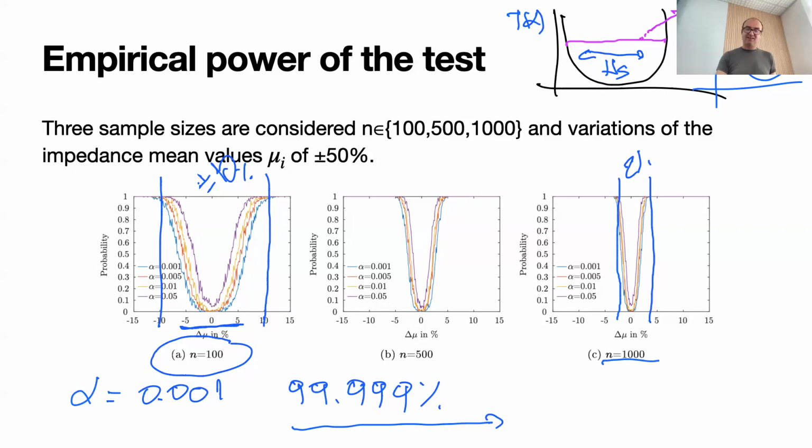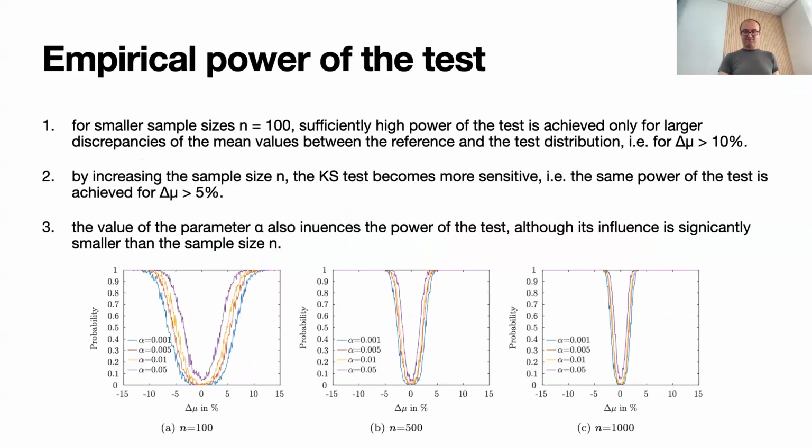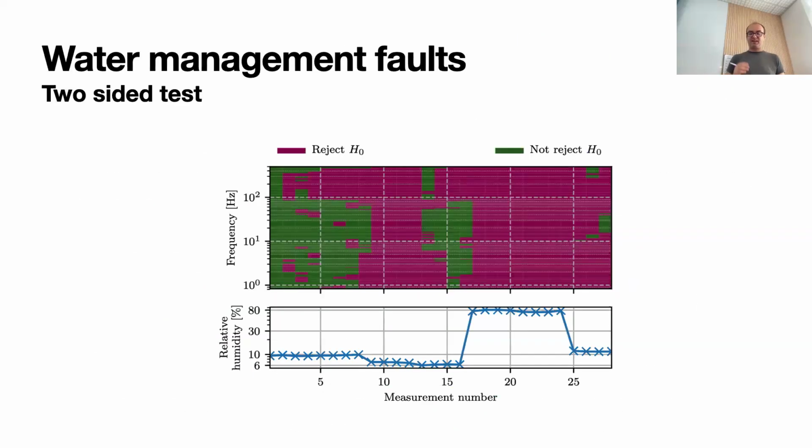So let's see real results. What I'm going to show you now is a water management fault of a PEM fuel cell. So we have a PEM fuel cell that was running nominally for some time.